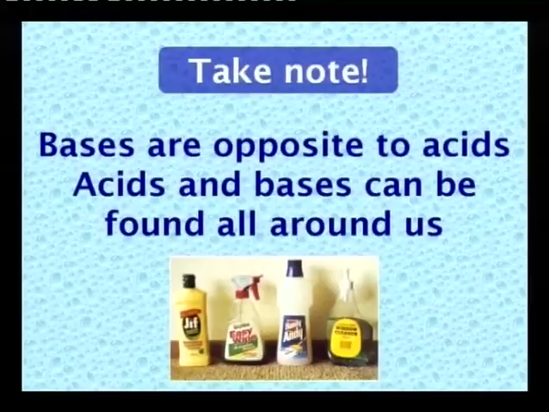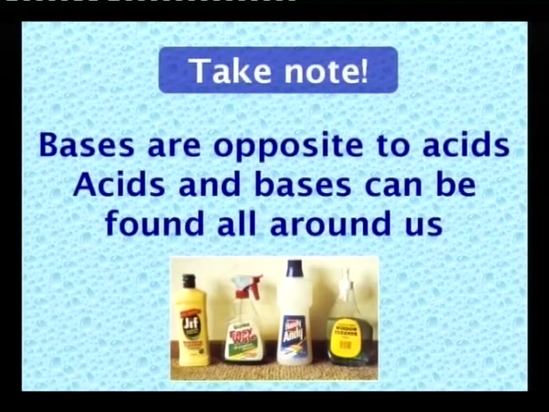All right. Now, bases, you must take note that bases are opposite to acids. Acids and bases, like what you have learned in your last lessons, can be found all around us. In your last lesson, you talked about acids. Acids can be found in our body. Is that true?